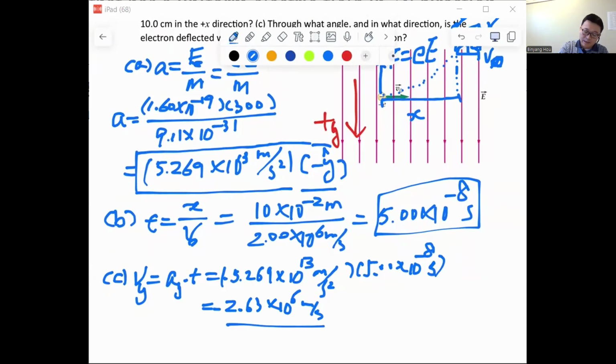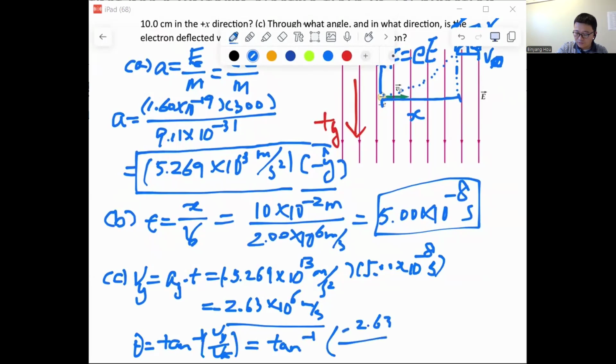So angle theta is tangent inverse of Vy over Vx. I'm having trouble getting there, but all right. Tangent inverse of minus 2.63 over 2, because they are both times 10 to the 6.